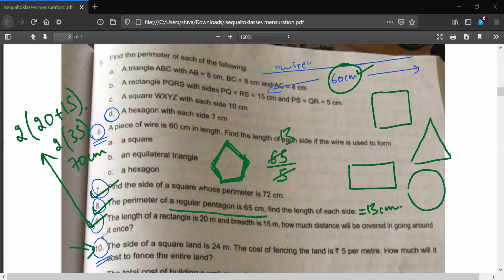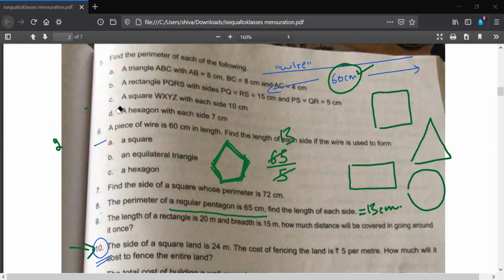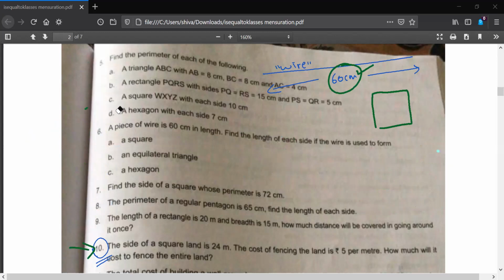Rupees 480. Okay. Let us check this also. So the land is in the shape of a square. Each side is 24. The cost of fencing. Fencing implies that you will be putting a fence on the perimeter. This is how you will put a fence.